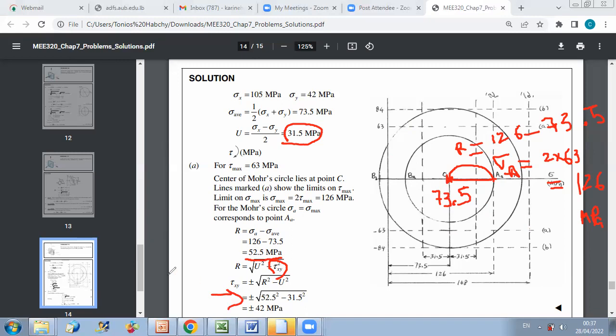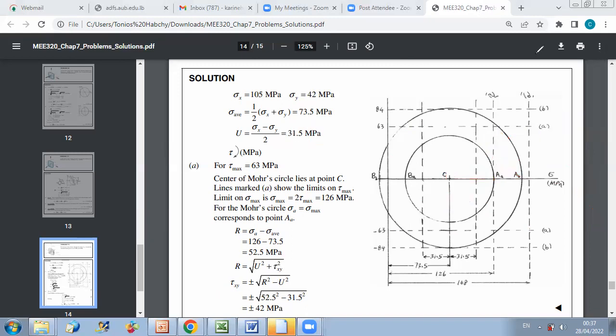In the second case scenario, they gave us a value of tau max larger than 73.5. So in the second case, the radius is 84. Whenever I know the radius, the maximum shear stress will correspond to the maximum possible radius.